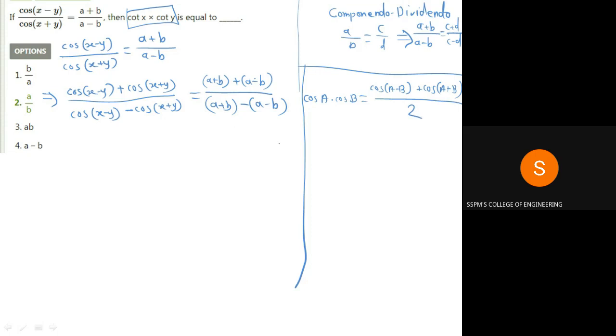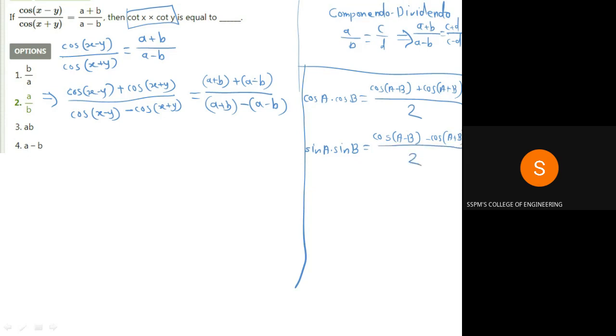And see also for sin a into sin b, sin a into sin b is equal to cos a minus b minus cos a plus b, divided by 2.